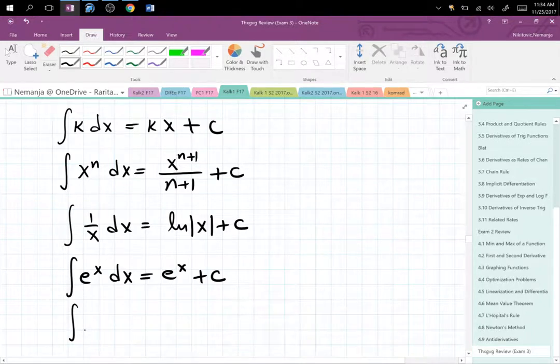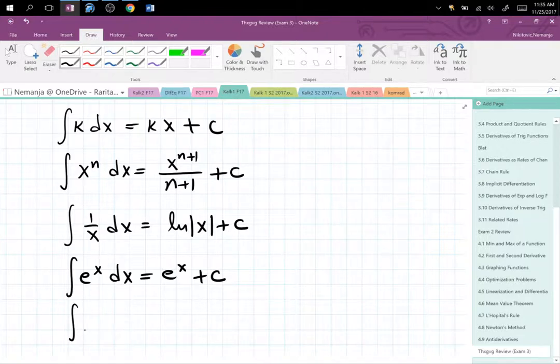And then we have the integral of, we have all the trig, but do we have anything else other than trig? We had constant, we had polynomial, we have 1 over x, we have e to the x. Integral of ln x is studied in Calc 2. It's not a basic integral.